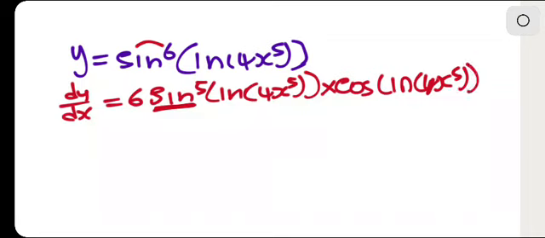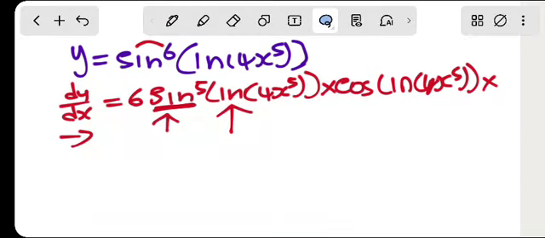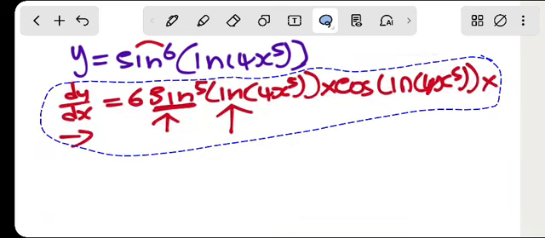Come again, you multiply by the derivative of that. You come again and multiply by the derivative of the ln. You are still multiplying. I've run out of space, so let me reduce this. Maybe it's reducible.